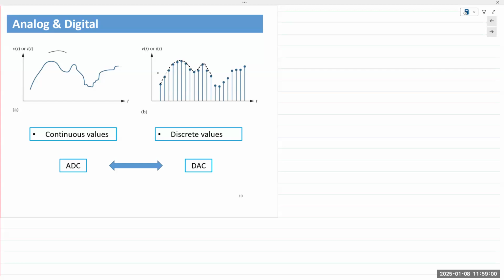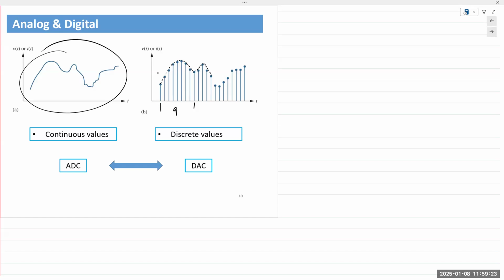The analog signal on the left has been sampled, let's say, between here, 1, 2, 3, 4, 5, 6, 7, 8, 9. So you have 9 samples within that first range. If I send these 9 samples, I may need only a limited amount of bandwidth or space to send it.